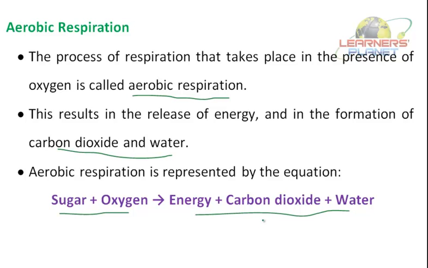Remember students that in aerobic respiration, however, the energy is released in a controlled way and it is less released as heat. But most of the released energy is used to drive various processes in the cell, such as for growth or movement. So all organisms are made up of small microscopic units called cells.